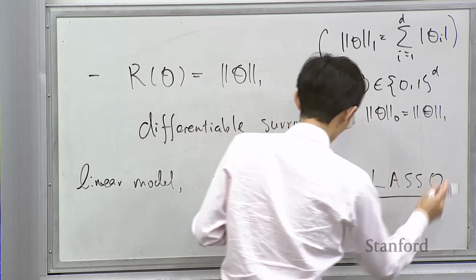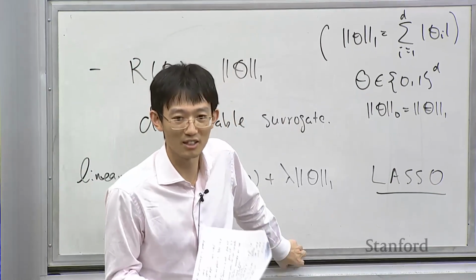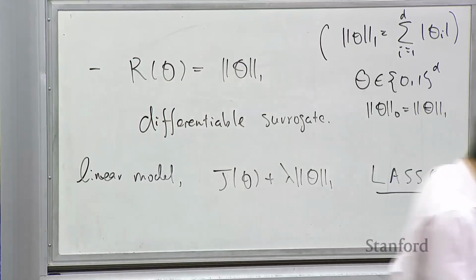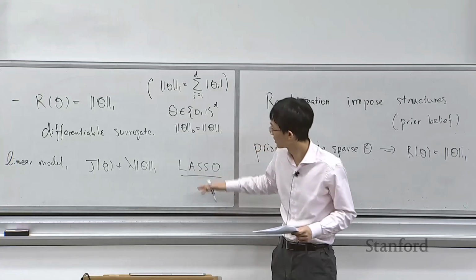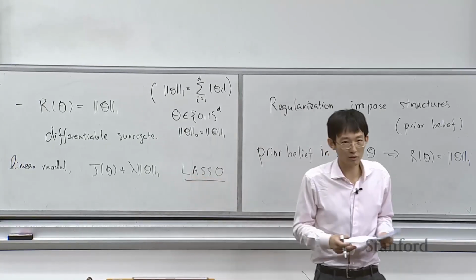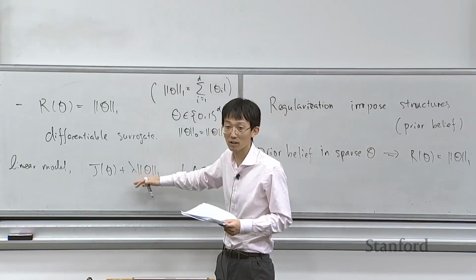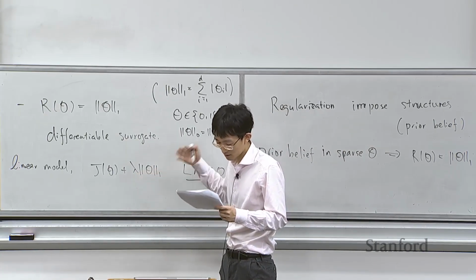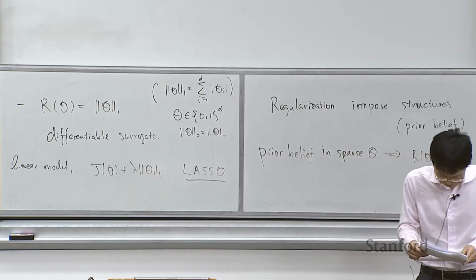I'm just defining the name because it's probably useful for you to have heard of this acronym once. Actually, I don't know what it originally stands for, but it has been there for 20 or 30 years, and it is a very, very important algorithm. For a linear model, you apply L1 norm regularization, and it's called lasso. Everyone in machine learning should know the acronym.